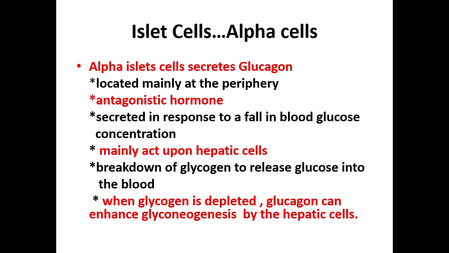The alpha cells secrete glucagon, and they are located mainly at the periphery of the islets. Glucagon is considered to be the antagonistic hormone, and it is secreted by the alpha cells in response to a fall in blood glucose concentration, which has an effect on the liver cells.